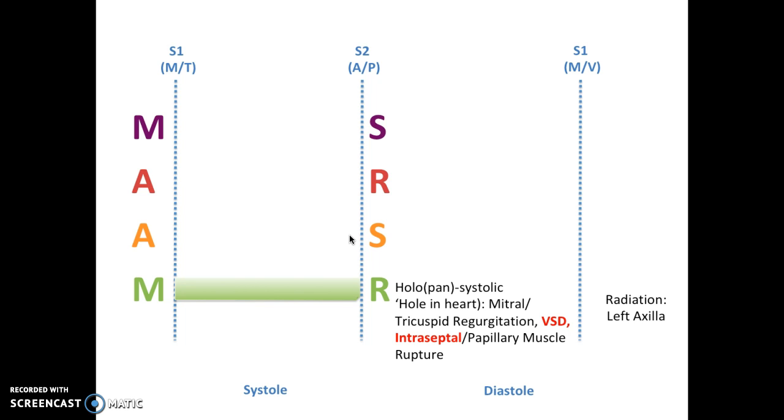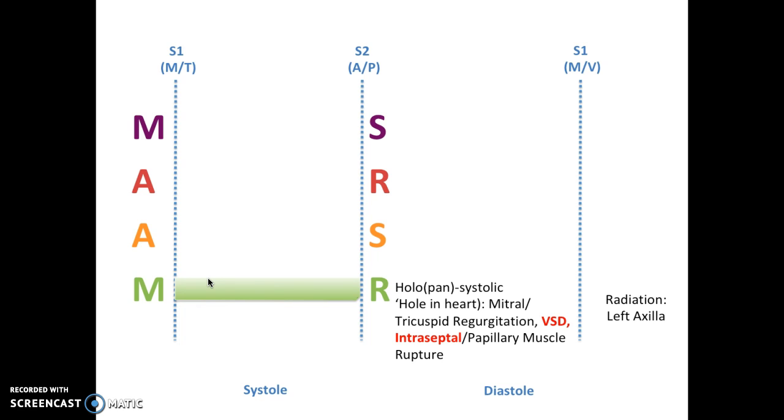And so hole for holosystolic, or sometimes people refer to this as pansystolic. So you hear these murmurs in mitral or tricuspid regurgitation, and also some really unusual ones like a ventricular septal defect. Because it's essentially a hole in the heart, that's how I cluster these together. It's going to be a holosystolic murmur.